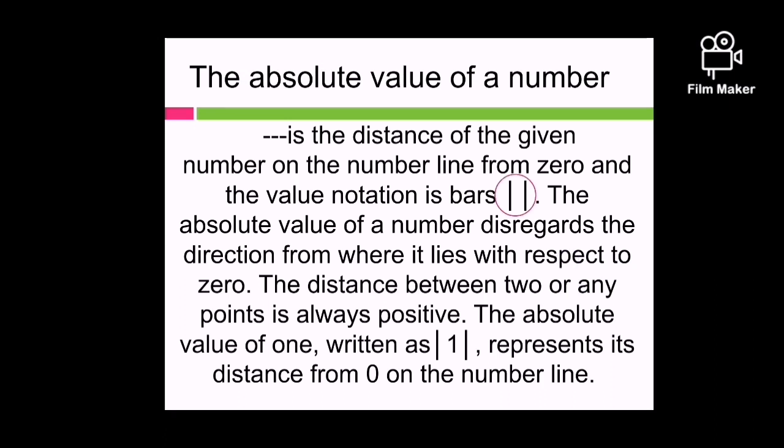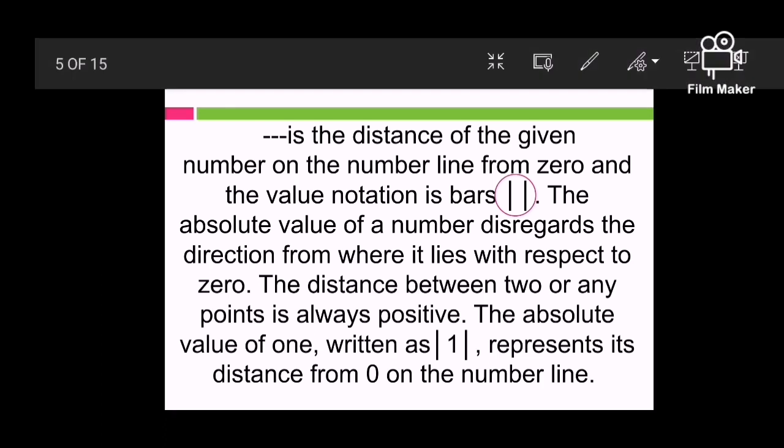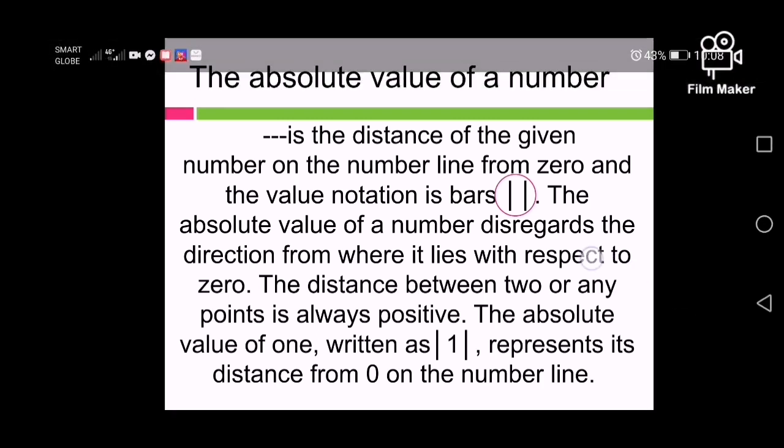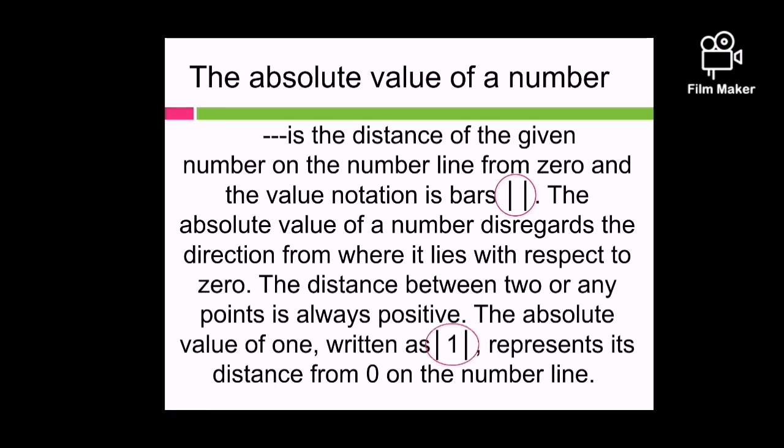The absolute value of a number disregards the direction from where it lies with respect to 0. The distance between two or any points is always positive. The absolute value of 1, written as |1|, represents its distance from 0 on a number line.